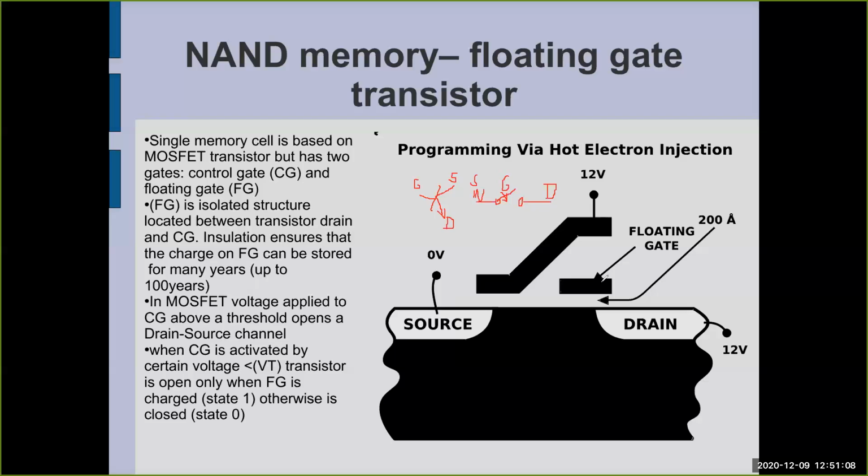But the problem with a capacitor is that there is a current leakage. So after some time, this charge disappears, and it may happen that we lose our data. Okay.